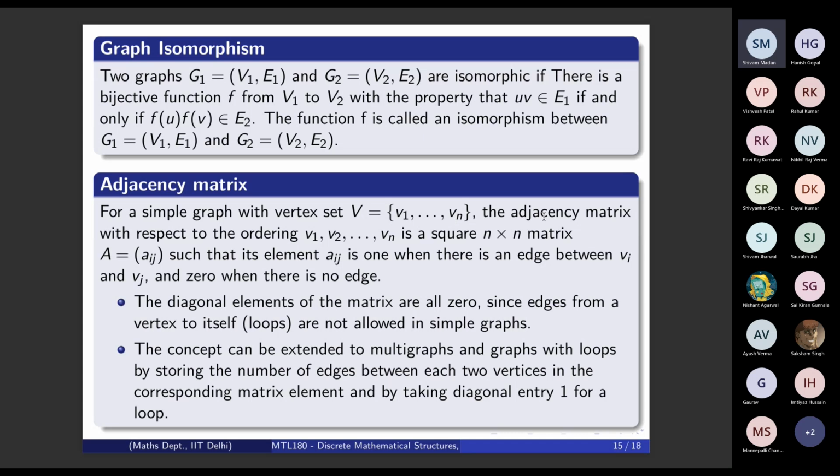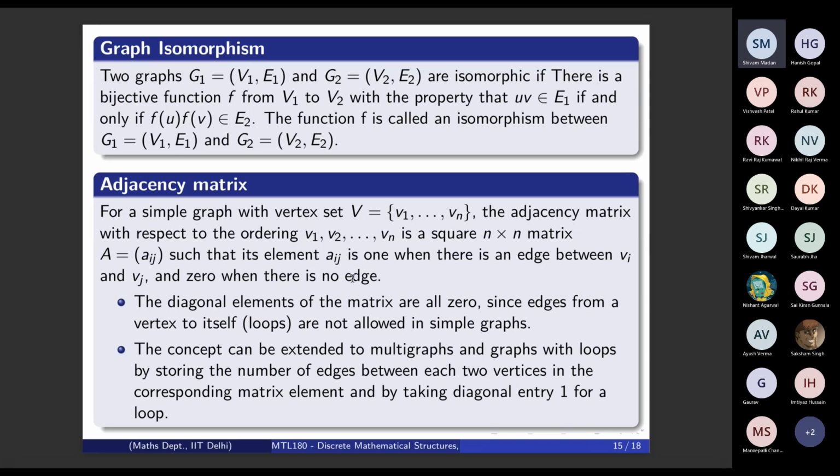Now the adjacency matrix with respect to the vertex set V and with a fixed ordering V1, V2, up to Vn is a square matrix n cross n, where Aij is 1 if there is an edge between Vi and Vj, and it is 0 if there is no edge between Vi and Vj.